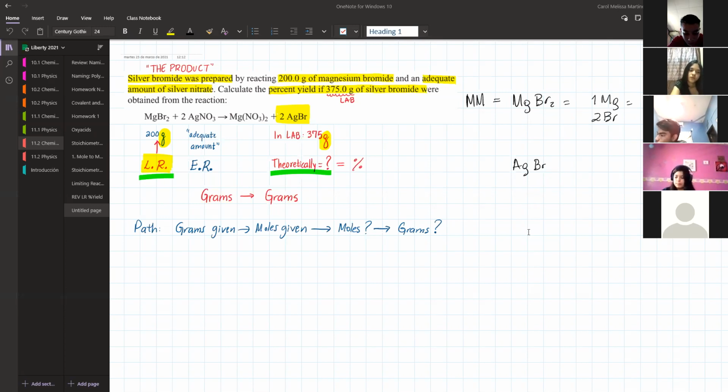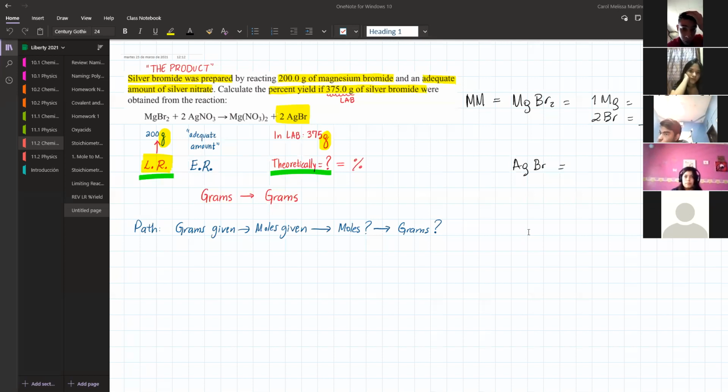So this is 1 times 24.305, and this is 2 times 79.90. The molar mass is how much, Shayla? 184.11 grams per mole.